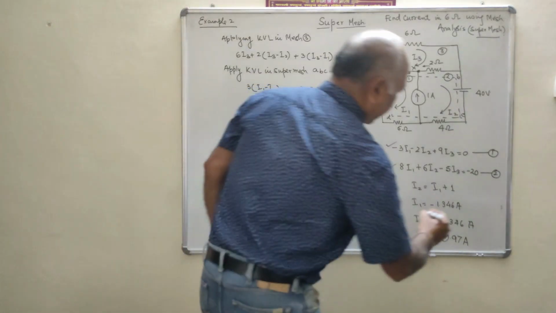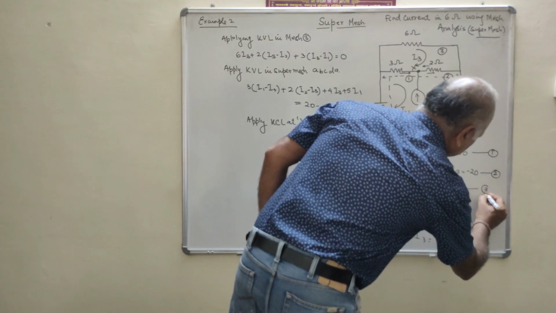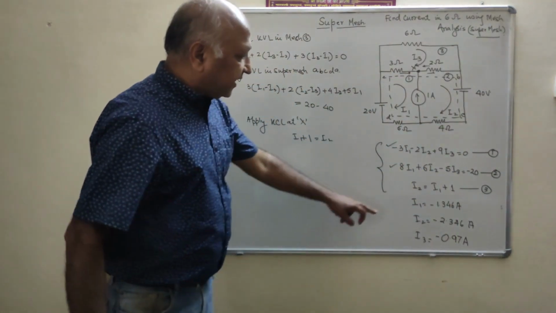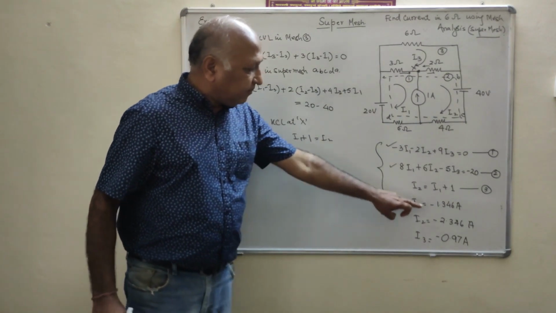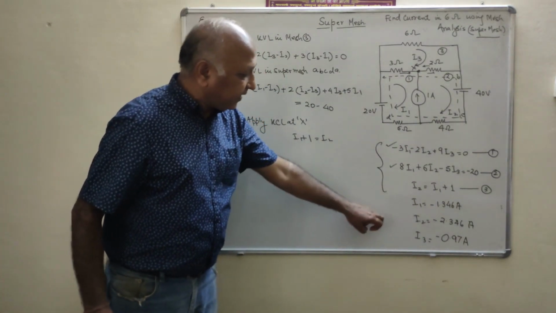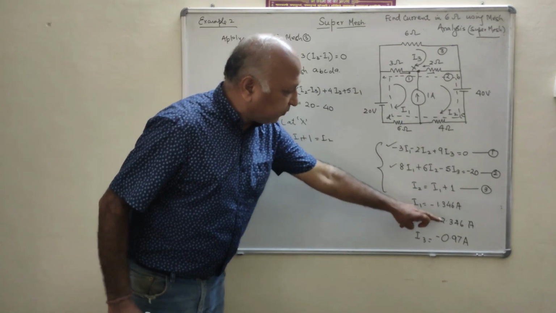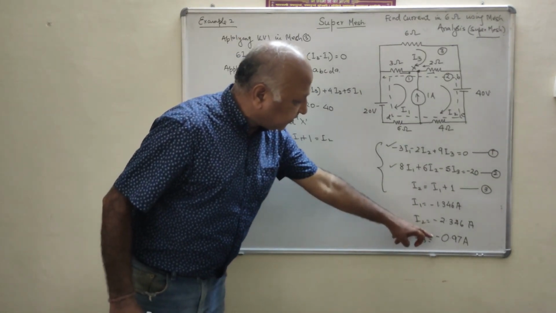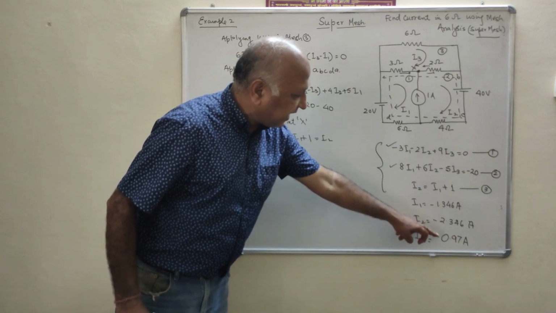That means you are getting this third equation. After solving equations 1, 2 and 3, you will get the value of I1 as minus 1.346 ampere, I2 as minus 2.346 ampere, and I3 is equal to minus 0.97 ampere.